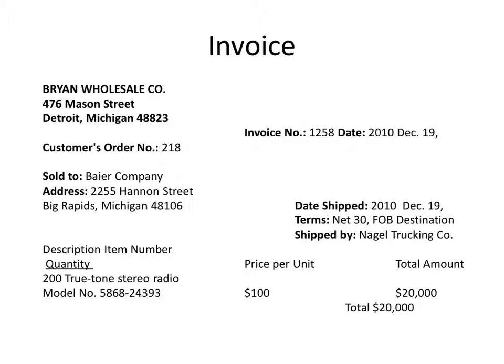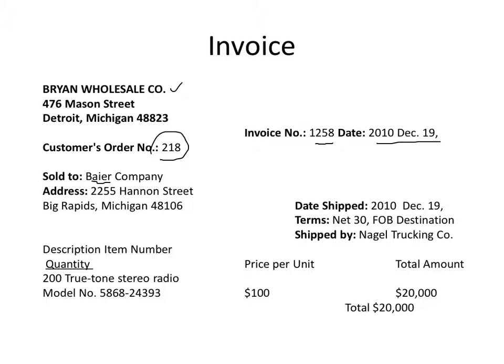Before we get to the sales transaction, we want to look at a sales invoice. Now, we are Bryan Wholesale Company, and we are selling to Bear Company. Their customer order number is 218. Our invoice number is this. Our date is December 19th.